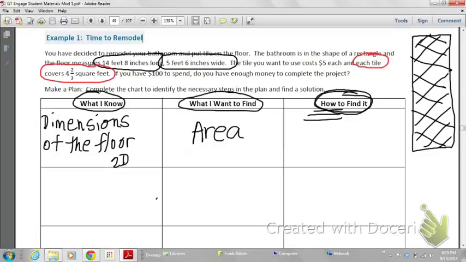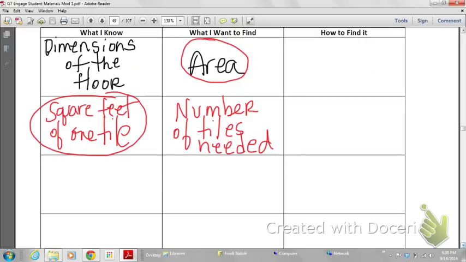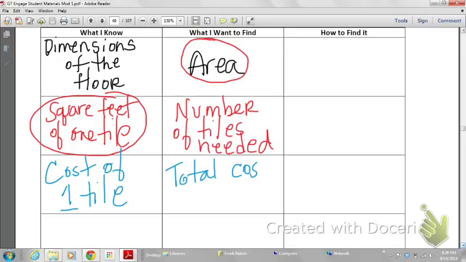Okay, something else we know is we know the cost of one tile, and that's $5 each. And then with that information, we can find the total cost to cover the floor.